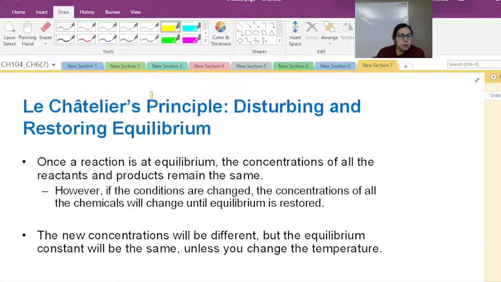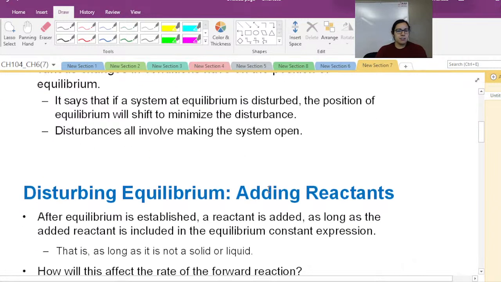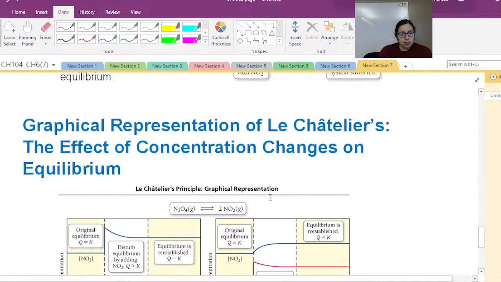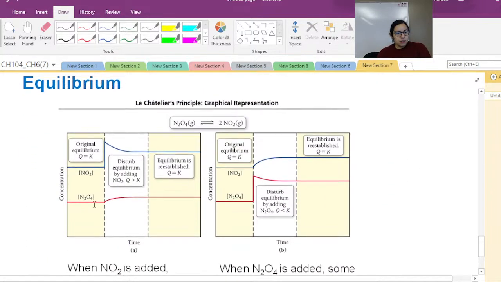And so first of all, it's saying that once a reaction is at equilibrium, concentrations of the reactants and products remain the same. So if it's at equilibrium, let's look at a graph actually. There's a lot of words on this part. And so I like this graph here.